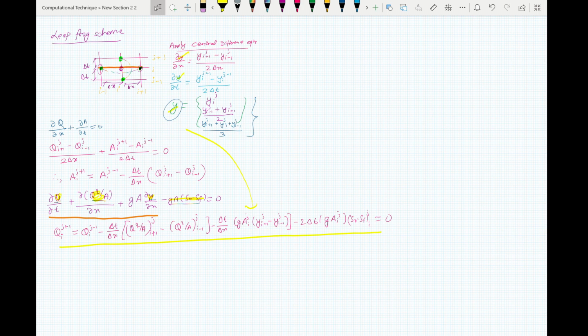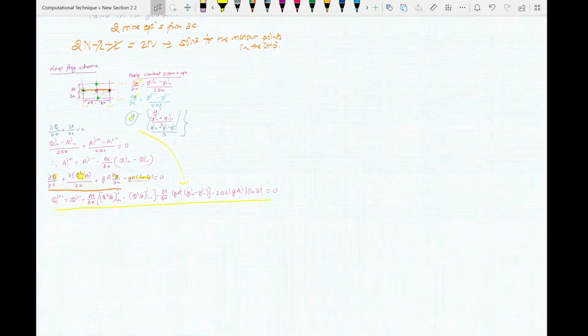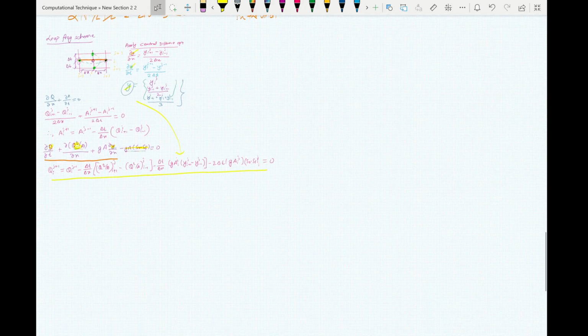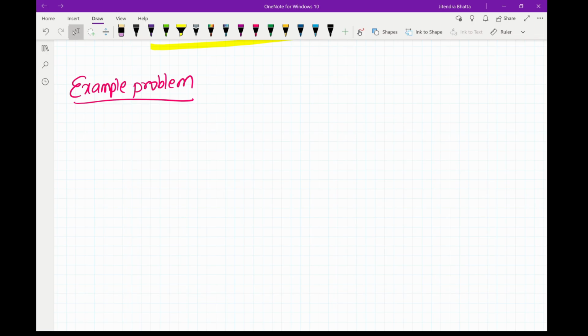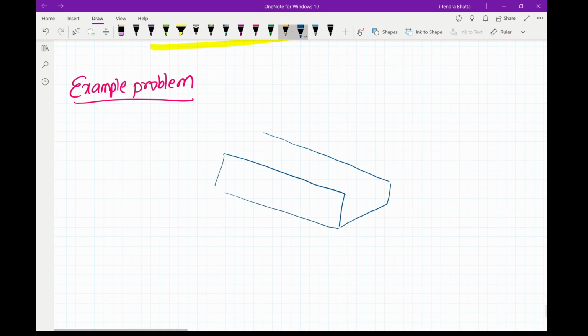Now let's look at an example here which will make things really clear. Let's say you are given a channel section like this, which has a slope of, let's say, 0.01.